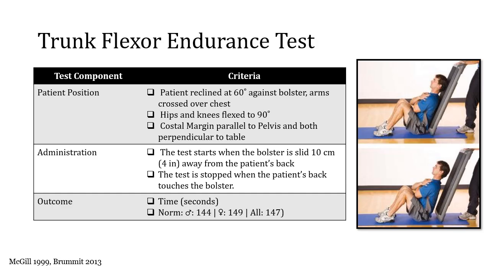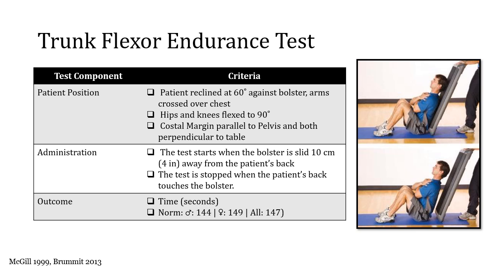So trunk flexor endurance, the incline is 60 degrees. The patient is in the position shown with the knees flexed and feet flat on the floor. Notice that as the patient begins to fatigue, not only will they potentially drift back towards the surface, but they also may flex further, reducing the amount of force that is going through the low back, as this becomes easier given the lessened vector of gravity working on the spine.